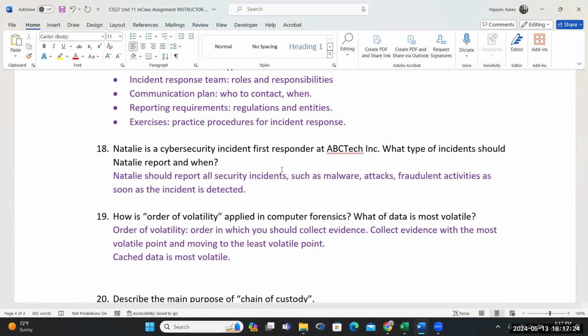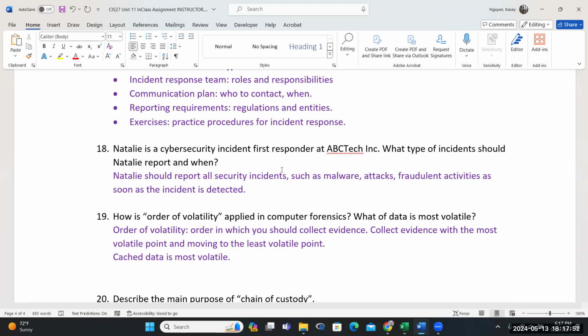And volatility really pertains to your random access memory, your RAM. Your RAM stores things temporarily. It requires power to retain the information. So we can find a lot of details on RAM, like what kind of things they accessed and what kind of applications they're running.